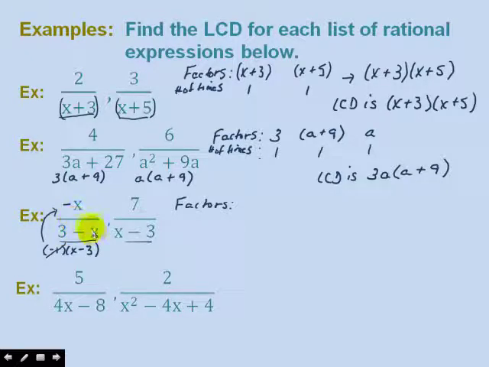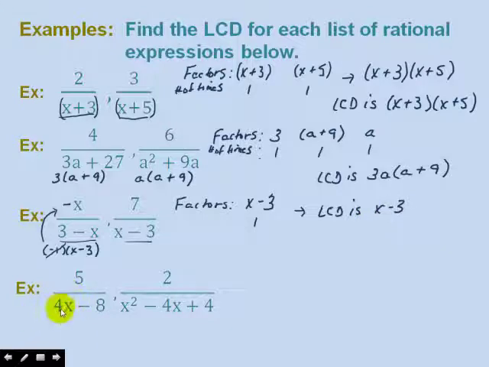Instead of x over 3 minus x, now it's going to be -x over x minus 3. So that means the only factor we have in either of these two is x minus 3, and the maximum number of times it occurs in any one place is just once. So that means that our LCD is just x minus 3.